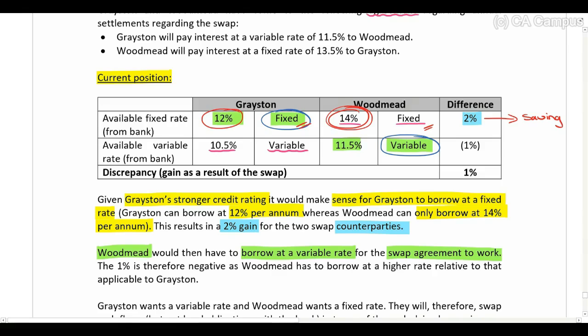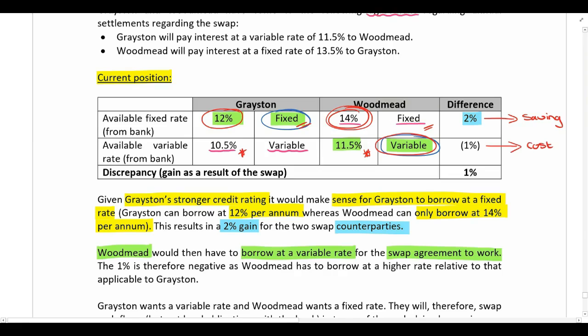So please note, Woodmead pays interest at a variable rate of 11.5%, whereas Grayston would pay interest at a variable rate of 10.5%. So please note, by Woodmead borrowing at a variable rate, this is an extra cost of 1% for the counterparties.